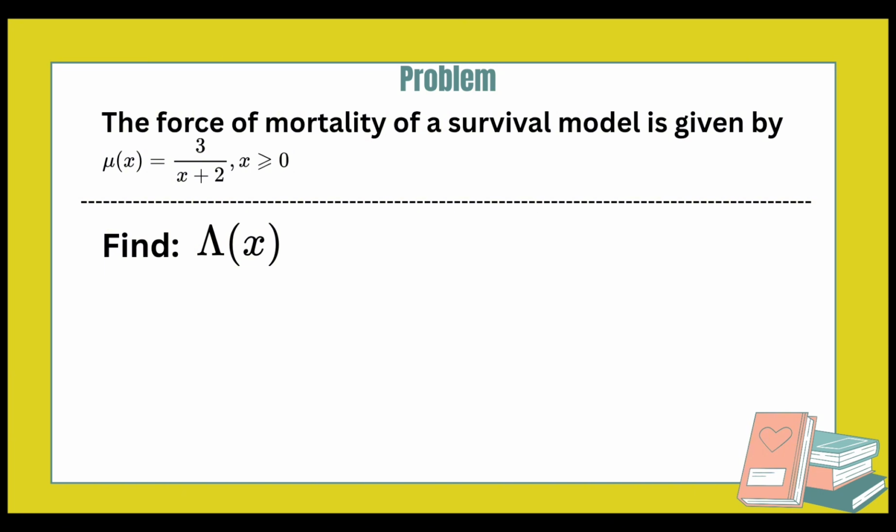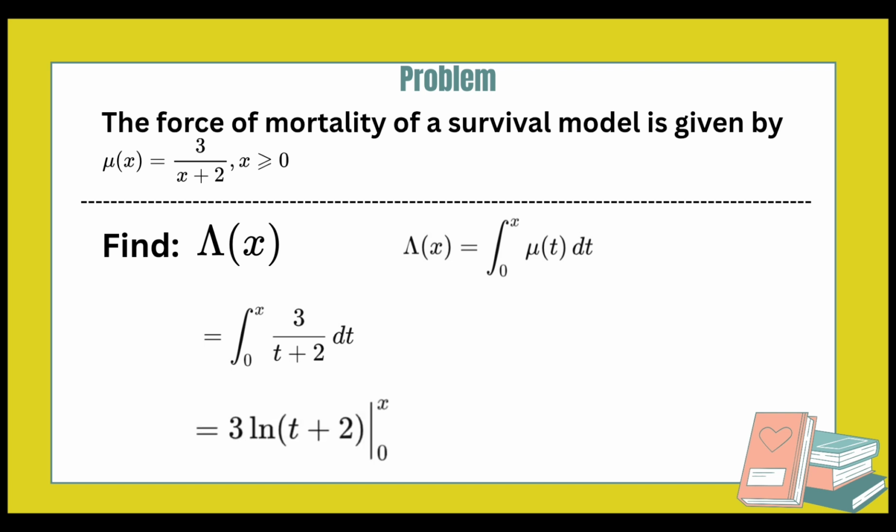As you know, the cumulative hazard function tells us the total risk of dying or failure from age 0 up to age x. So to compute it, we integrate the hazard function. So as you can see there, we integrate it, then substitute, then compute, and we come up with the result.